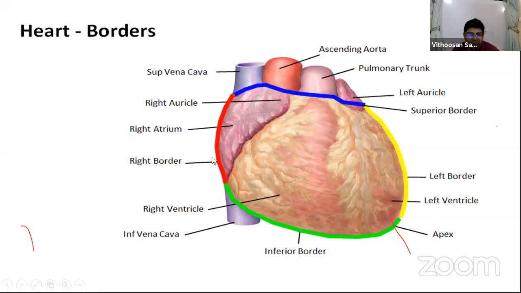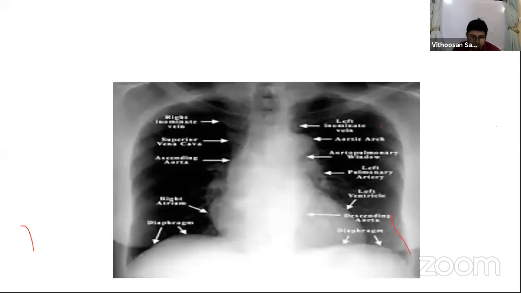If you look at this left border, it is formed by the left ventricle. Why is this important, guys?